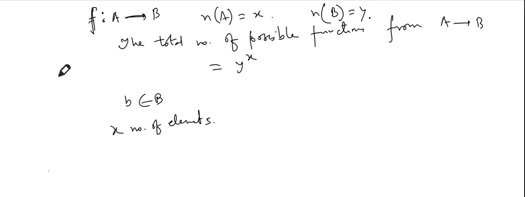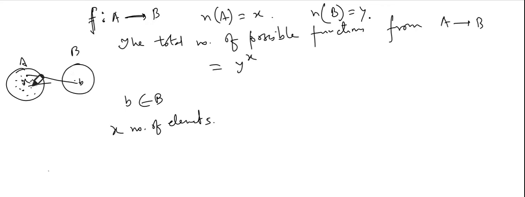Because there are x number of elements in A, and each element can correspond to B. We can define different functions, where a different point may correspond to B. So there are x possibilities for a single member in B.